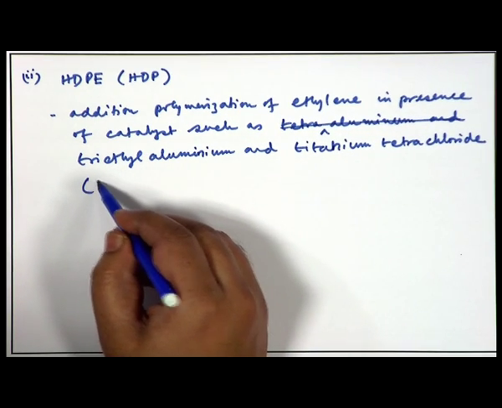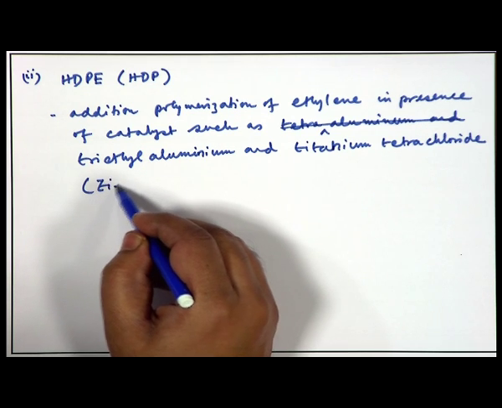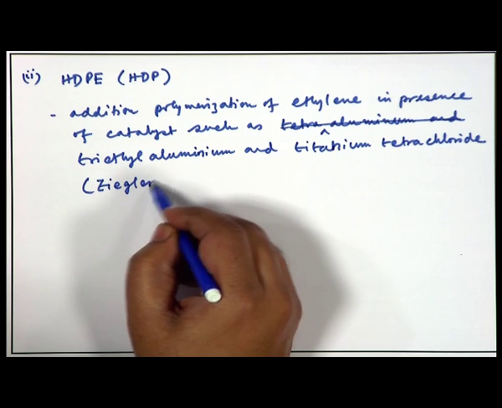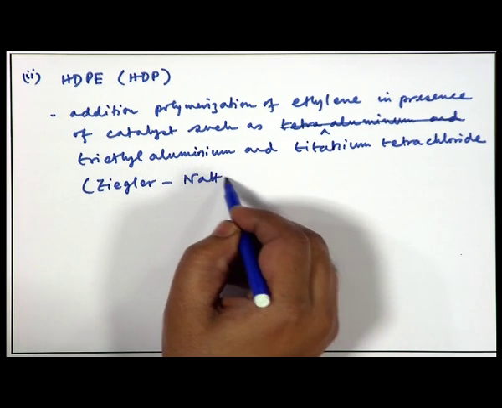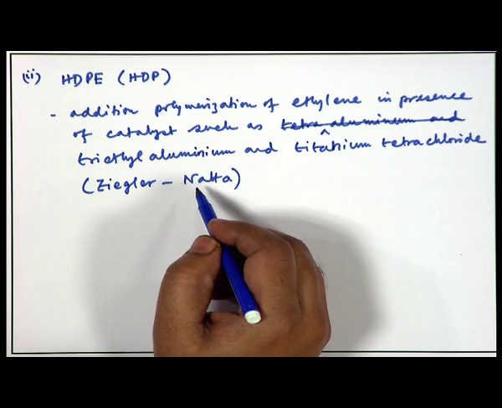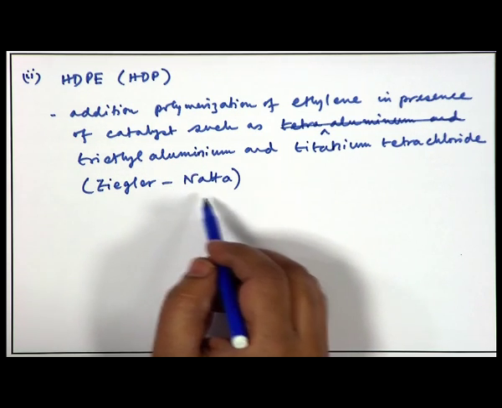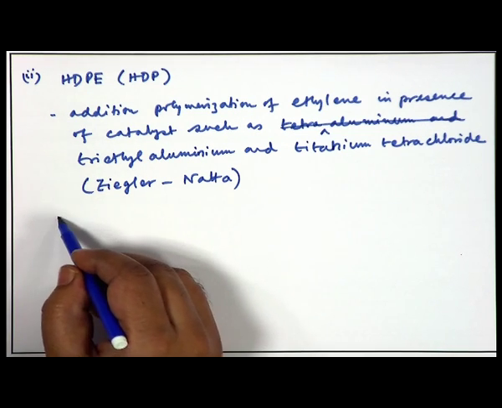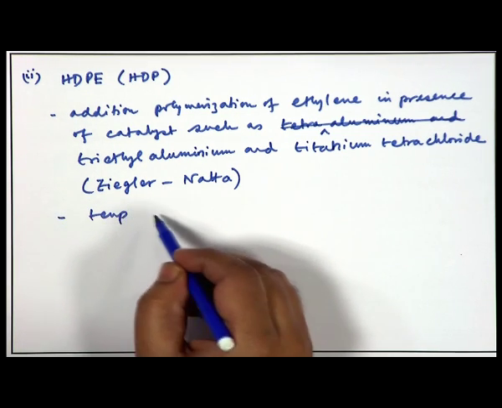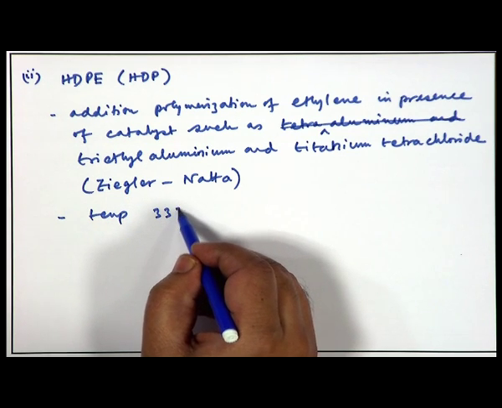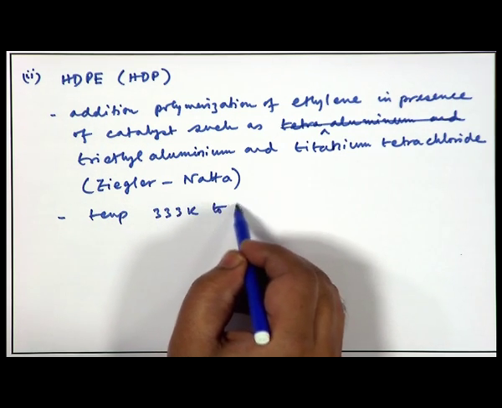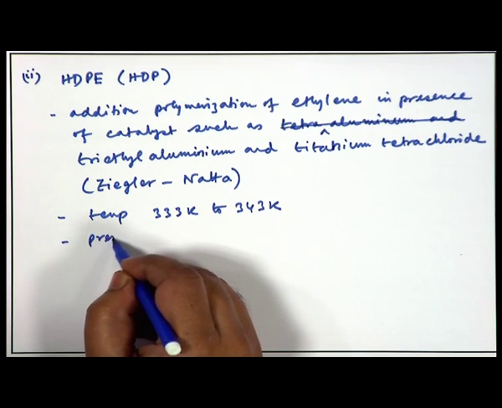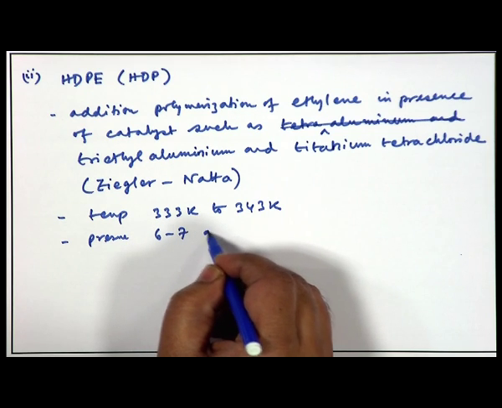And this catalyst combination was discovered by two scientists, Ziegler and Natta. So, in response to their name, this catalyst is called Ziegler-Natta catalyst, and the reaction temperature is about 333 K to 343 K, and pressure is about 6 to 7 atmosphere.